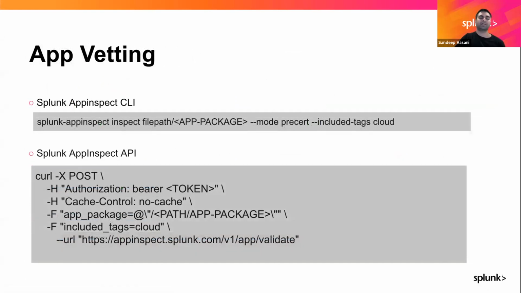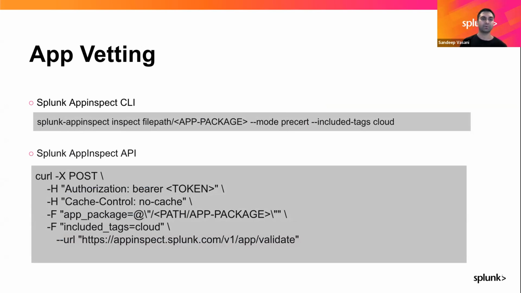Now, if you are building an app or add-on for Splunk Cloud, it also needs to go through cloud app vetting. Cloud app vetting is an automated process that uses Splunk AppInspect to perform a set of cloud-specific checks on the packaged app or add-on. Using the results of the checks, cloud vetting determines whether this app or add-on can be installed on the Splunk Cloud platform.